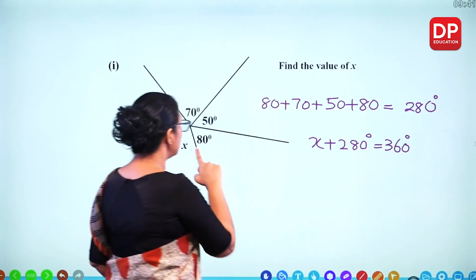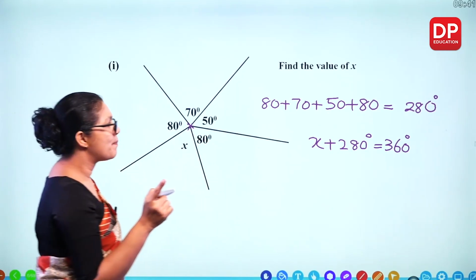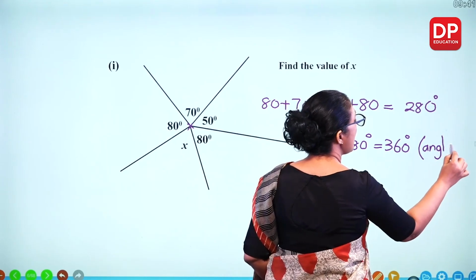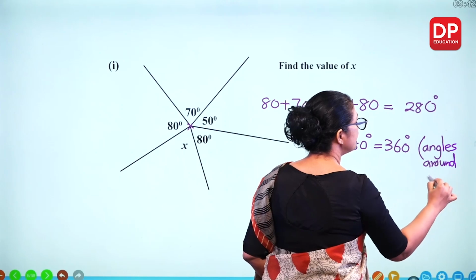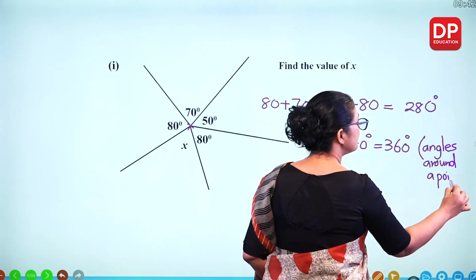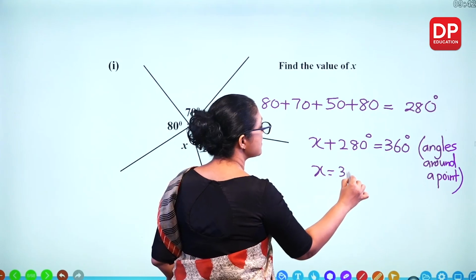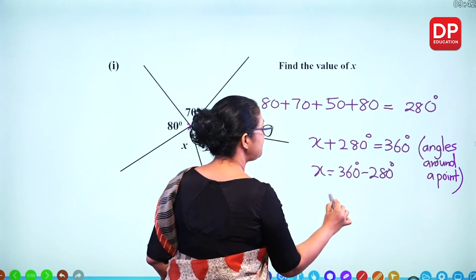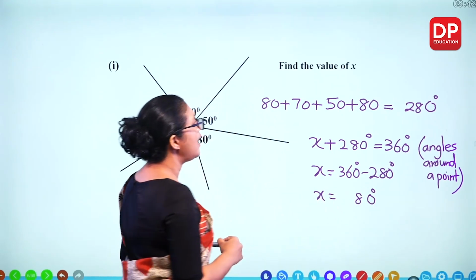So what's the theory behind that? Angles around a point. So x is 360 minus 280 degrees. You get 80 degrees for x.